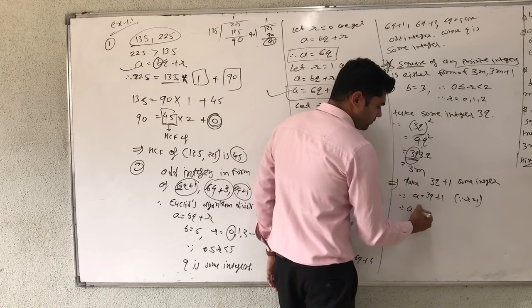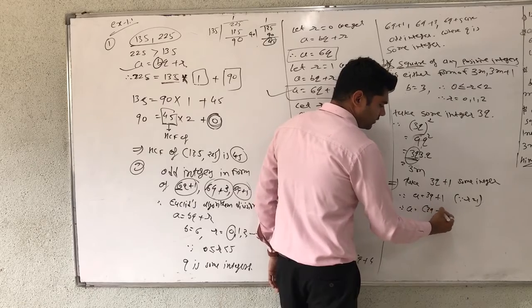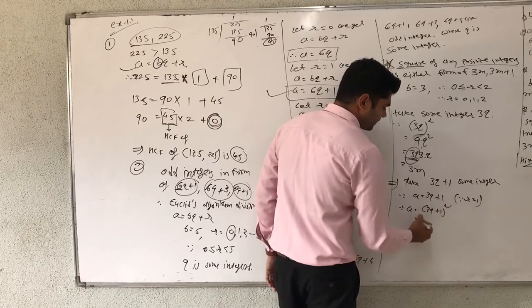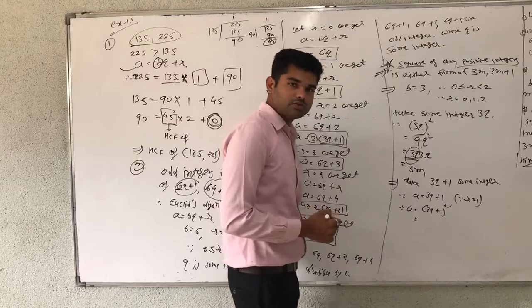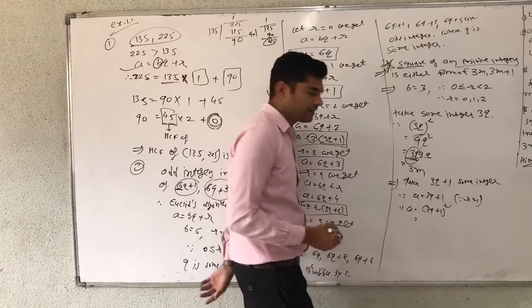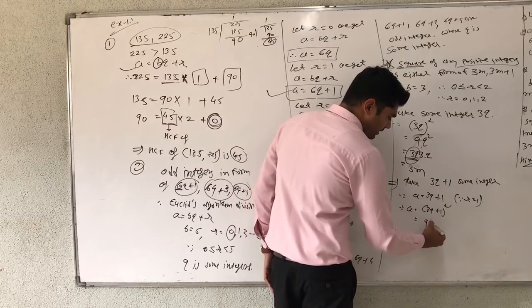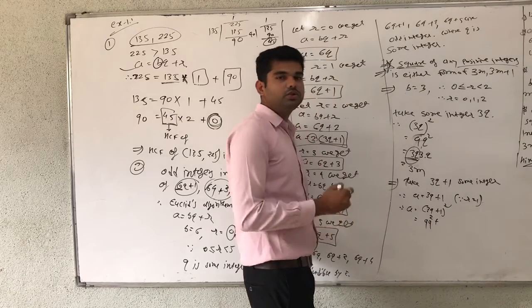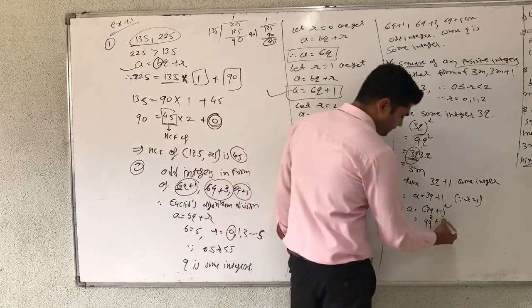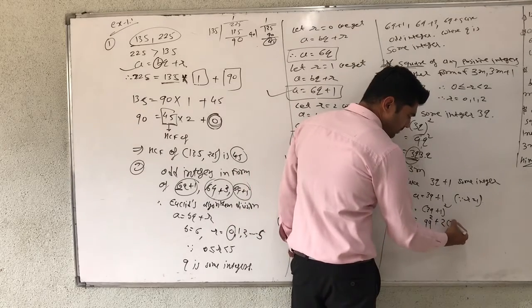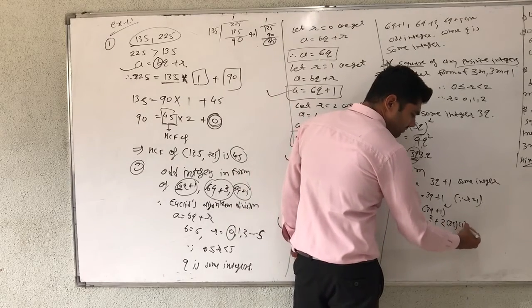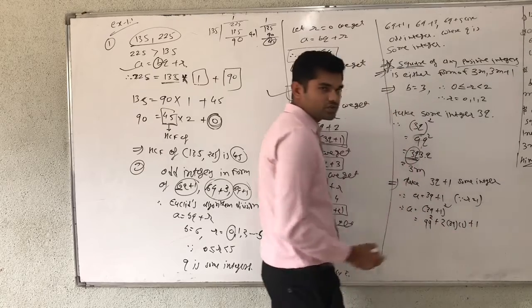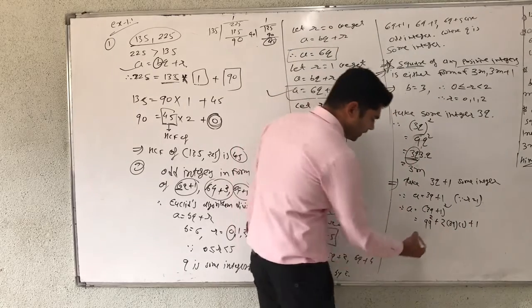Now take the square, therefore the square of 3q plus 1. Here it is a plus b whole square. Therefore the first term squared is 9q square plus 2ab, 2 multiplied by a multiplied by b, plus b square. b square means 1 square.